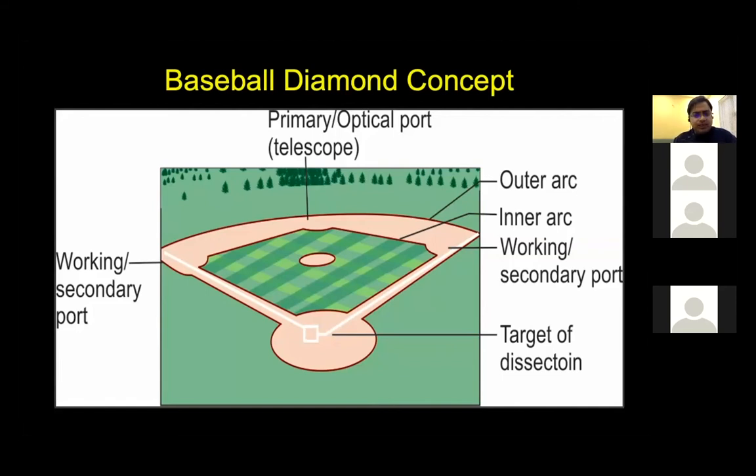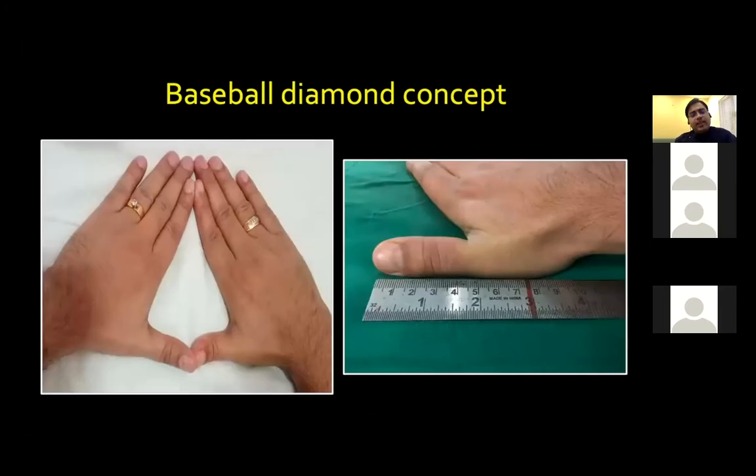How do you achieve this? You draw this diamond with your hands, and you place the tips of your fingers at the level of the target organ. The summit of your thumbs will give you the position of the telescope, and your anatomical snuff box will give you the position of the working ports.